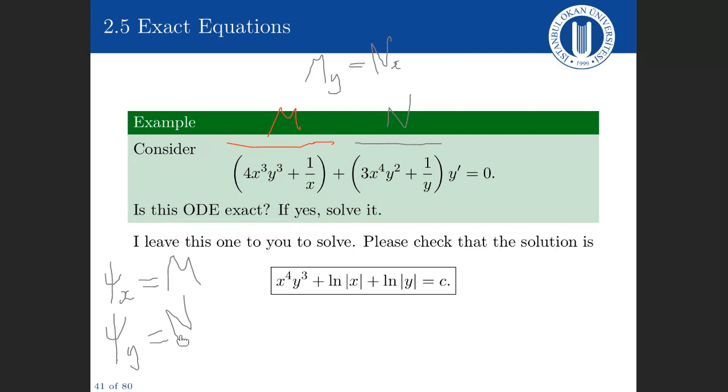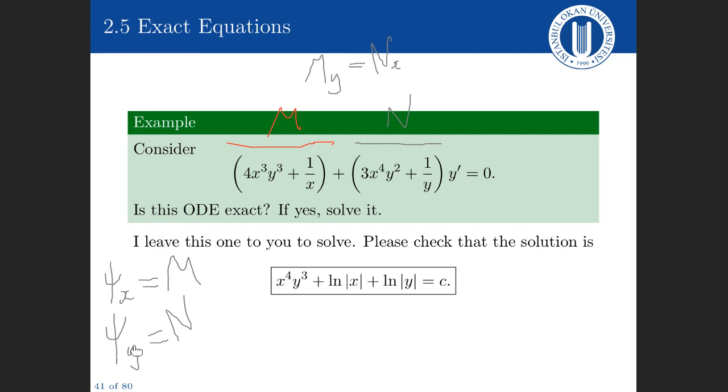If you choose the second equation, you must integrate with respect to y. After you've integrated, differentiate with respect to the other variable. You integrate with respect to x first, then you differentiate with respect to y, or if you choose the second equation, first integrate with respect to y and differentiate with respect to x.